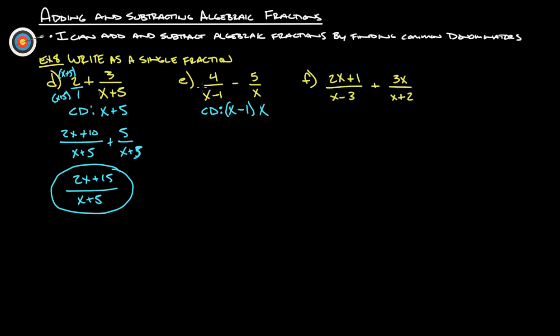Okay? So this one over here, we have x minus 1. We got to multiply by x over x to get the common denominator of x times x minus 1. And then over here, it's missing the x minus 1. All right?